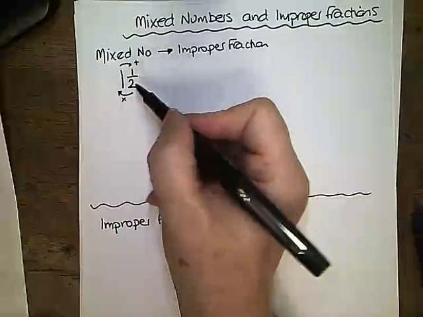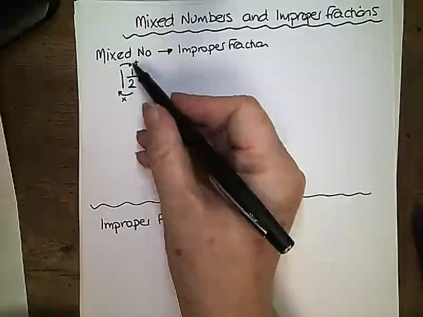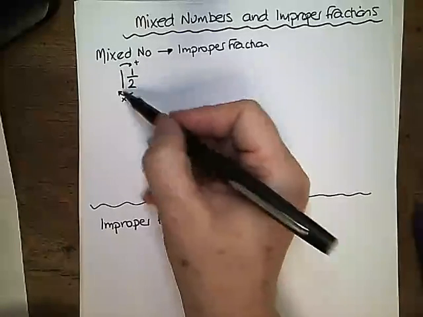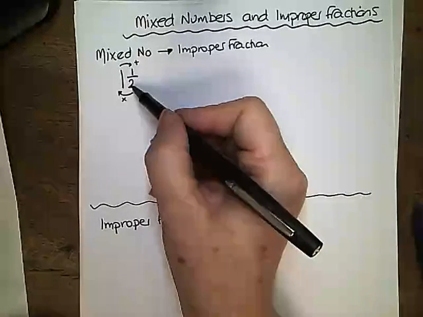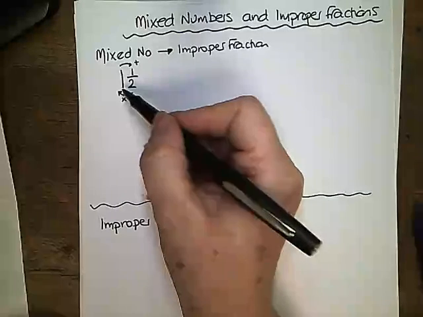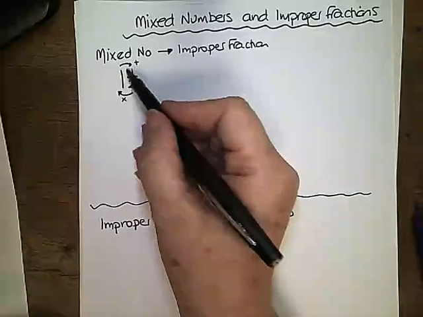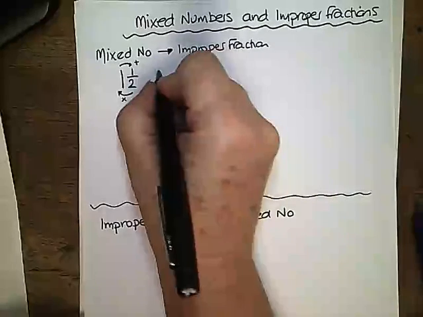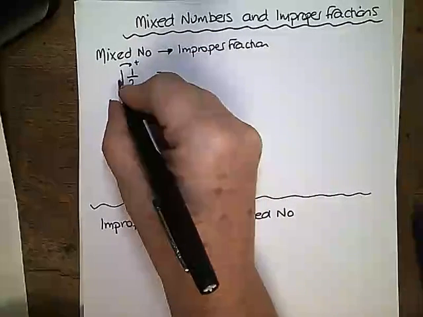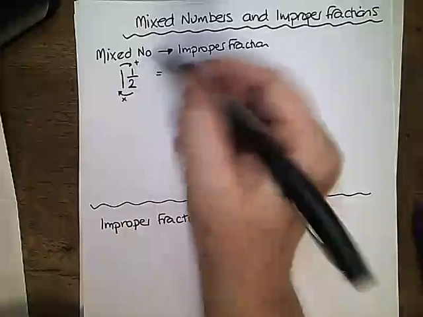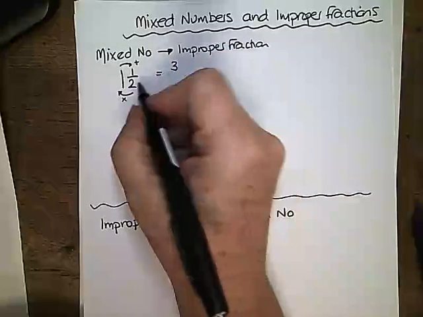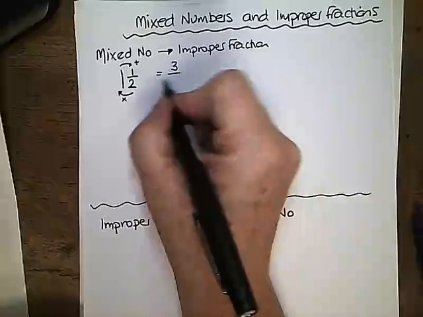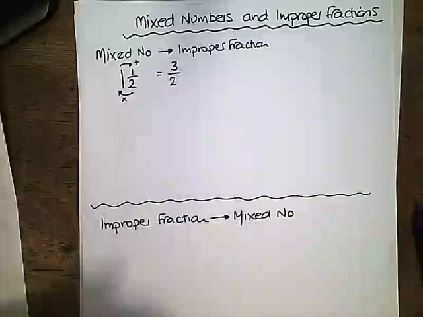And that is because I'm going to turn this all into halves, and in 1 I have got 2 times 1, so 2 halves, and then I've got an additional half here, so I add that on, so that would be 3 halves. So 2 times 1 is 2, add the 1 is 3, so that's the top number, and the bottom number, the denominator, stays the same as in the original fractional part of the mixed number.